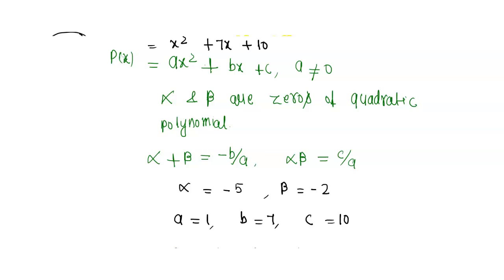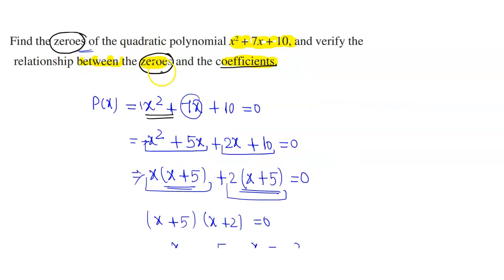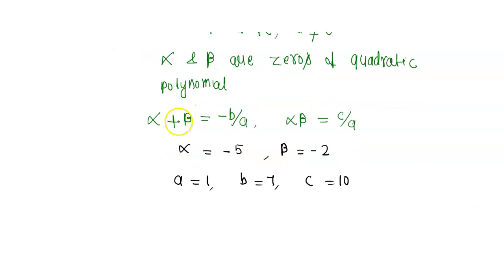But the question asks for the relation between zeros and coefficients. Zeros are alpha and beta. So alpha plus beta equals minus b by a. b is 7, so minus 7 upon a, which is 1, so this equals minus 7.